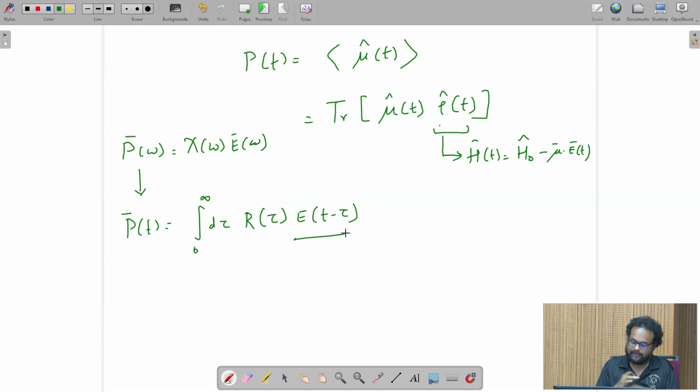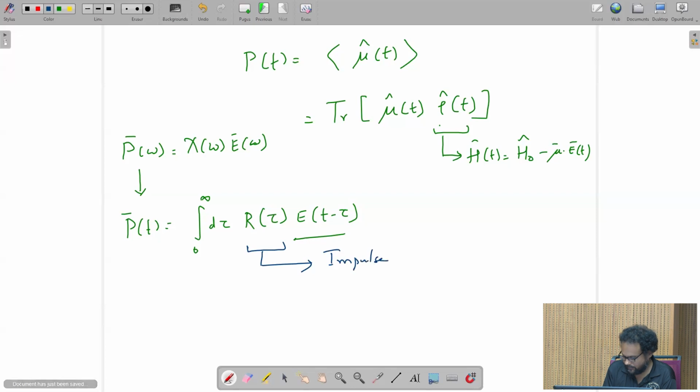Right? Come with an electric field at t minus tau, and then at a later time, my polarization is affected by the instantaneous response, capturing that aspect of it. So R of tau is a very important quantity. This is what we will be calculating for all our nonlinear response functions. This is called the impulse response function.